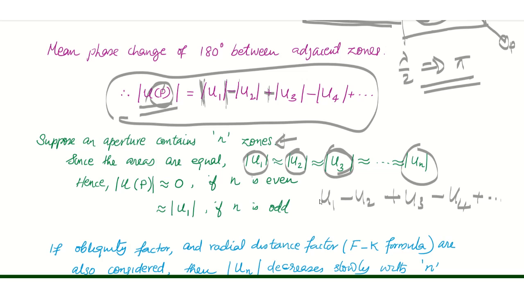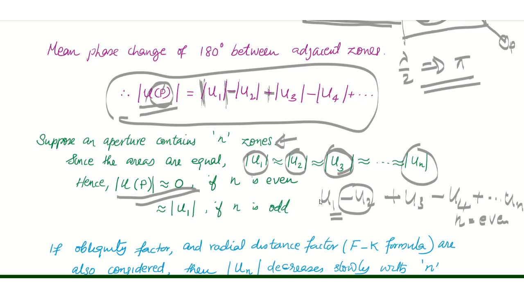Then it depends on whether n is even: there are equal numbers of minus and plus signs in the summation, and therefore the value of UP will become 0. The field will be 0 at the point P.